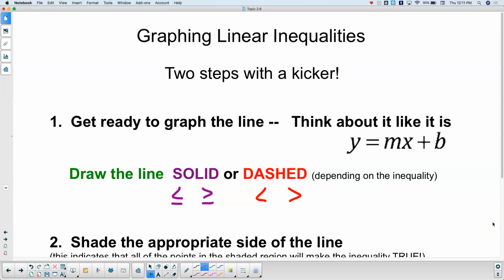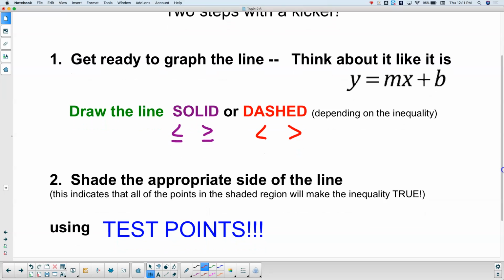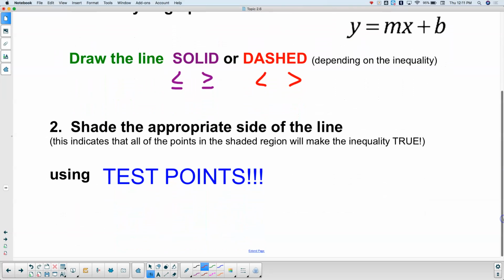Okay? Then, the second step, and this is the extra part to graphing now, is we are going to shade one of the sides of the line, or when we get to absolute values next week, either inside the V or outside the V. We're going to do some shading. So if we want to bring some color into it, we could bring some color into it. If we wanted to make some cool, funky designs in it, we can make some cool, funky drawings in it.